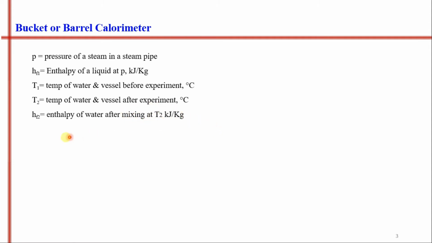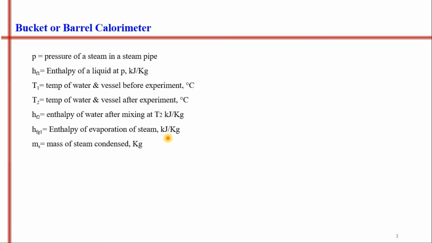As I have said, as the steam comes into contact with water, it completely gives up its heat of evaporation and is converted into liquid. So HF2 is the enthalpy of that liquid at temperature T2. HFG1 is the enthalpy of evaporation of steam.